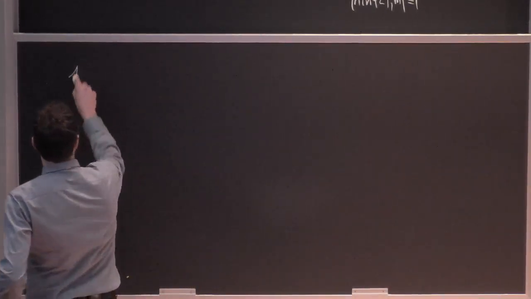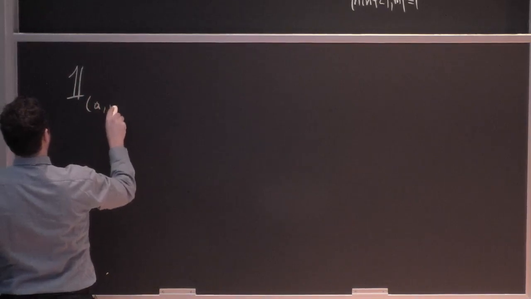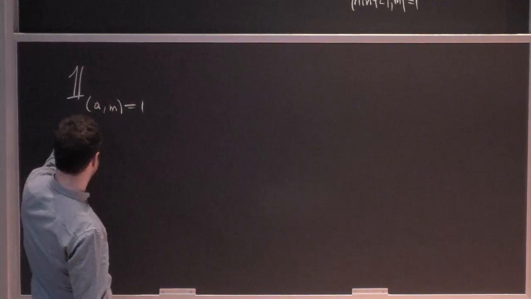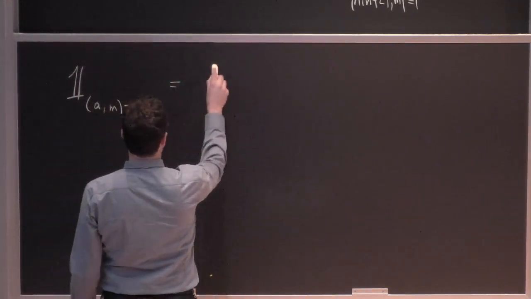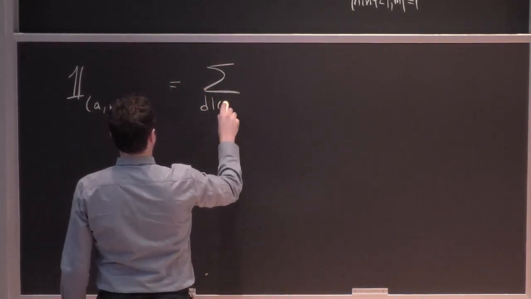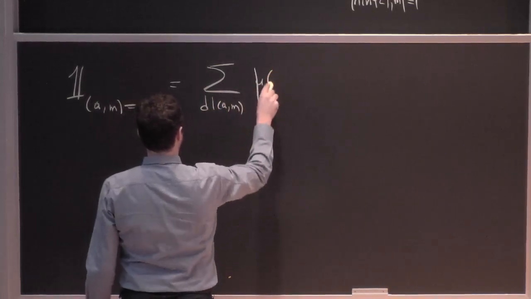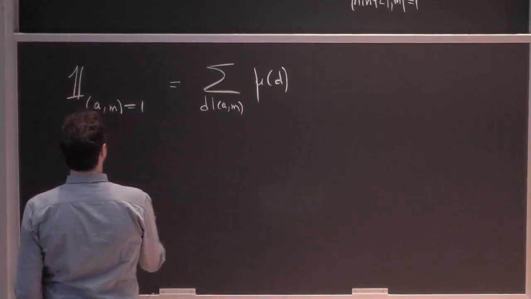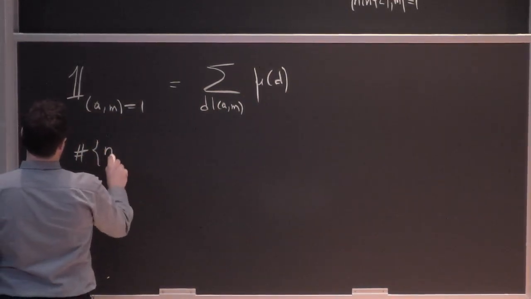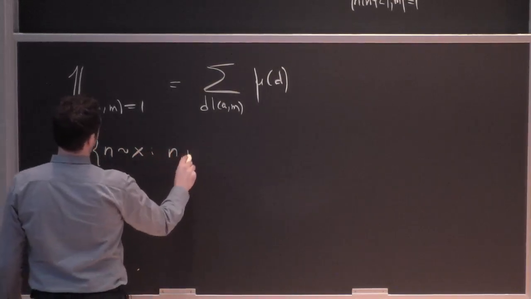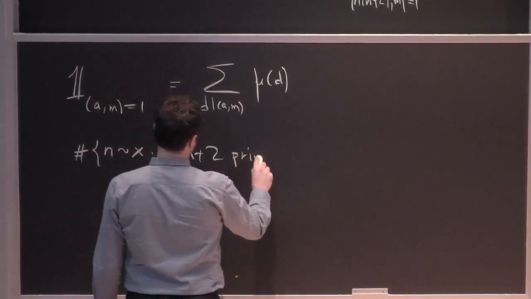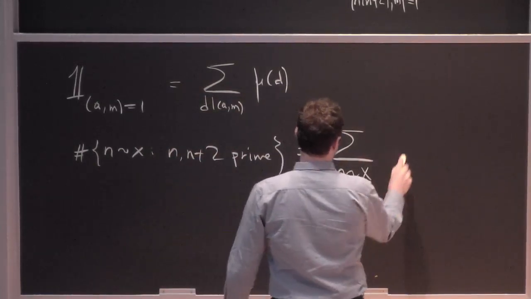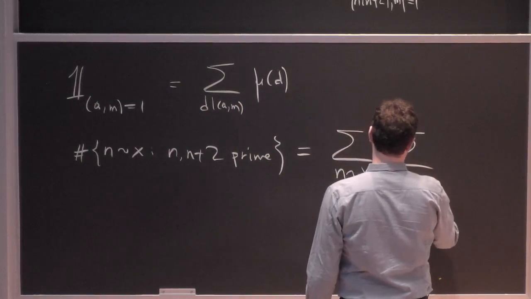Okay, and then one observes that if I want to understand this characteristic function, the indicator function of the event that a and m are coprime, then I can write this as this divisor sum using Möbius inversion. So I can plug this into my formula and get an exact identity.